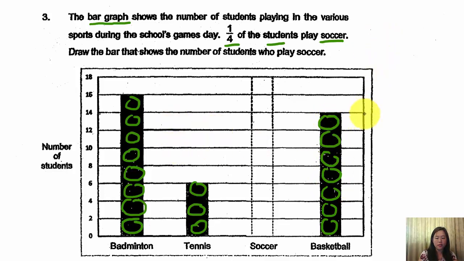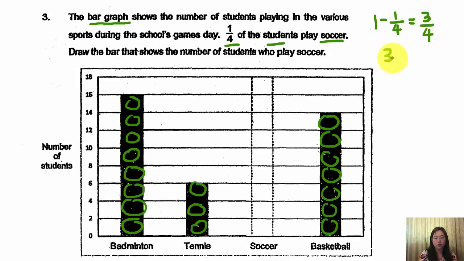So these 18 boxes, let's call it 18 units, and these 18 units are actually 3/4 of the students, because one whole, which represents all the students, minus 1/4 is actually equal to 3/4.